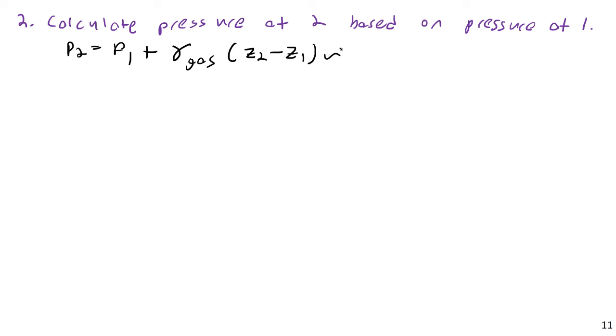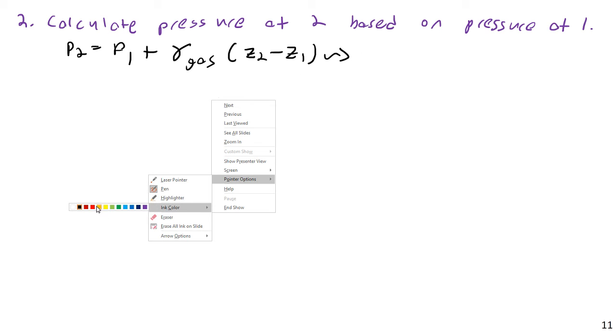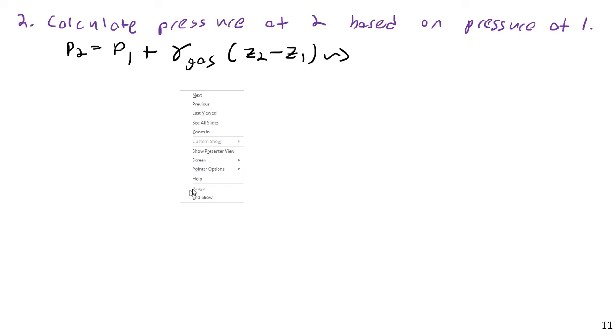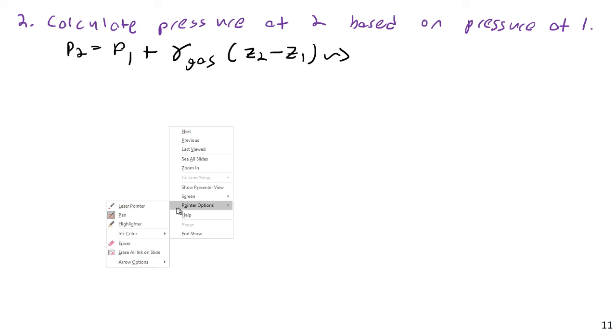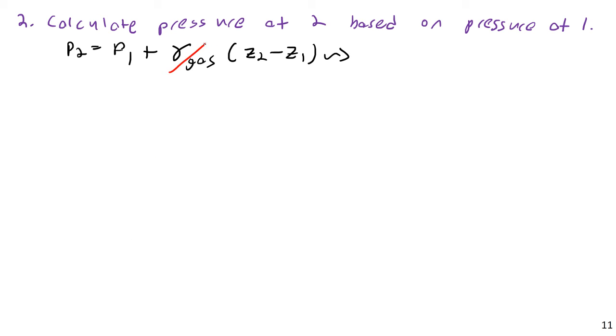However, I need to be aware that gamma of gas is effectively 0. It's not actually 0, but it's so small we can say it's approximately 0.